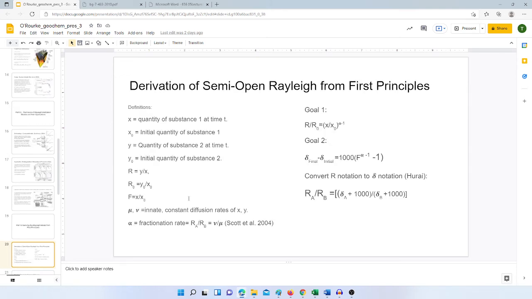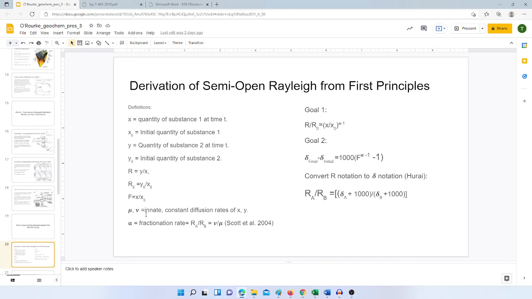So here are our derivations, right? X's and Y's are quantities. You can say concentrations, you can say moles. It doesn't really matter because they're all going to cancel and be unitless anyway. You have our final ratio, our initial ratio, and our F, our fractionation ratio of one component to another. What is interesting, though, is mu, nu, and alpha.